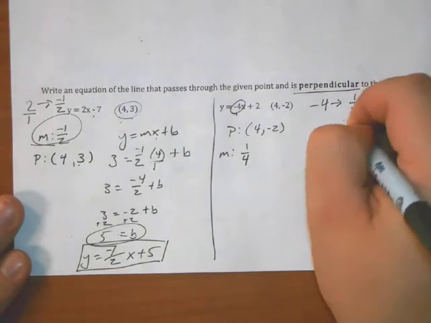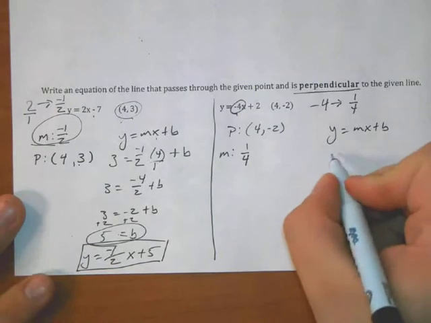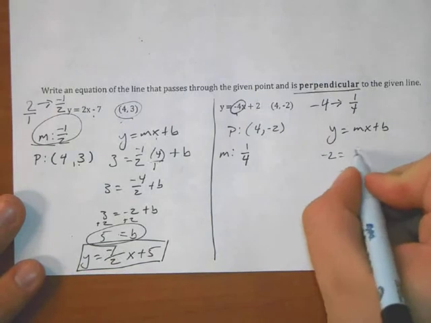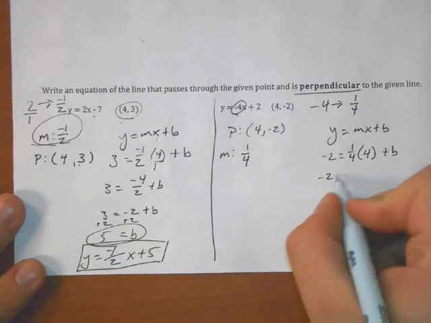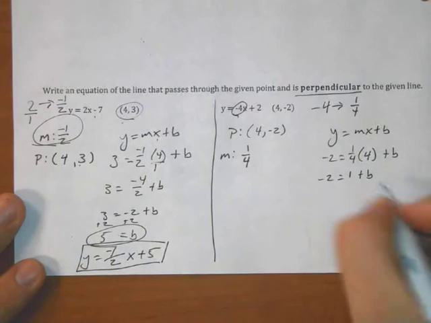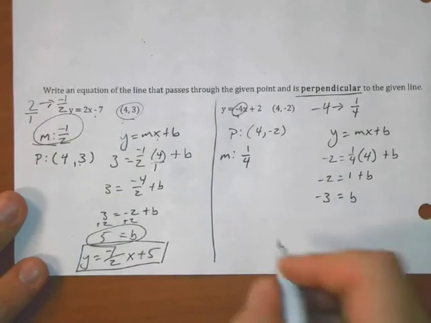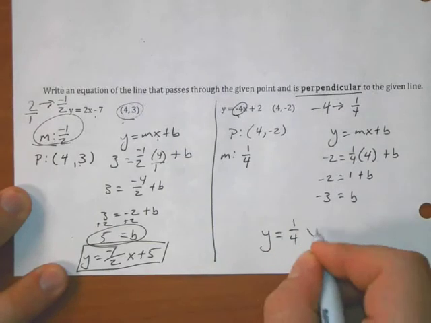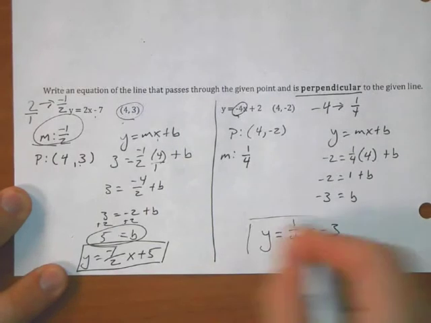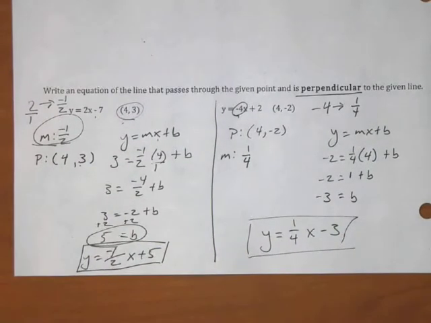Okay? So we want what? -2 equals 1/4 times 4 plus b. What's b equal? So what's our line's equation? How about that?